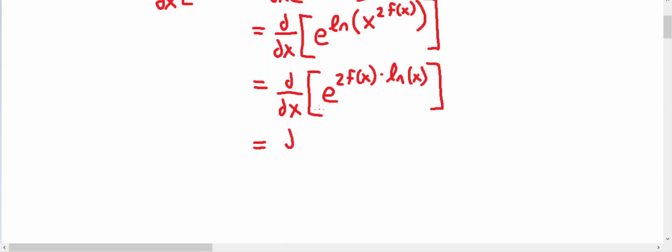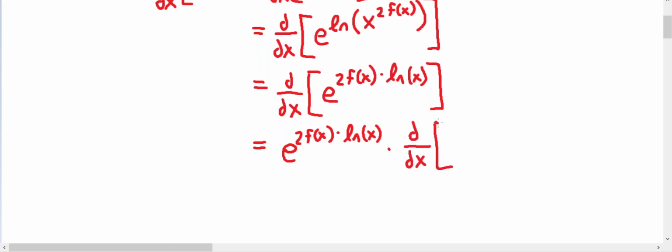So what we have here is copy and paste the entire thing of e to the 2f(x) times ln x, times the derivative of the proper exponent. So this is just the entire exponent here, 2f(x) times ln x.